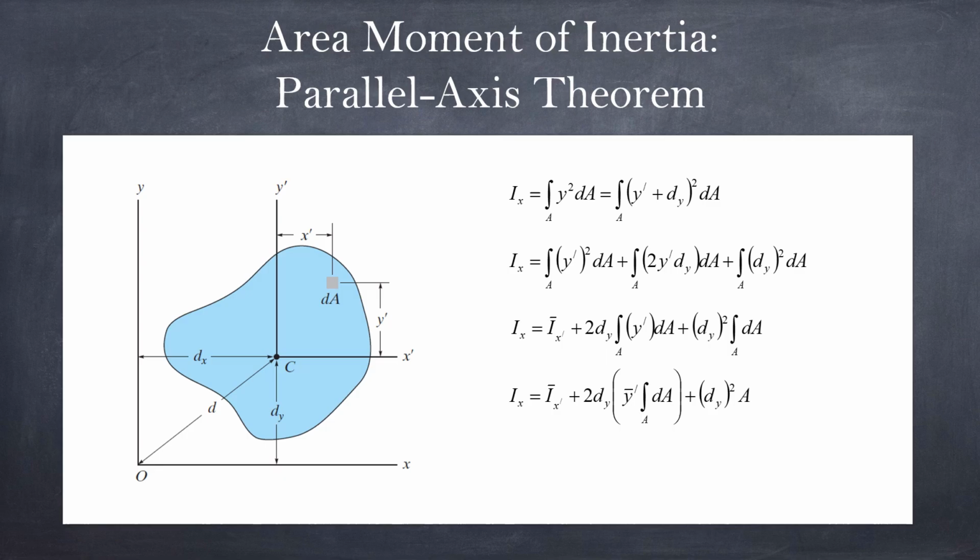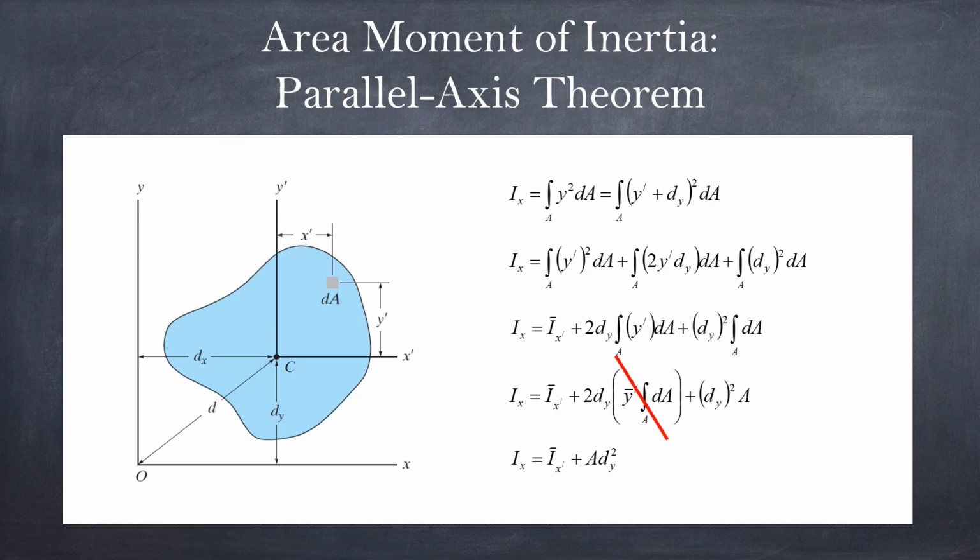Because y bar prime is the measurement of the position in comparison with the centroid, right? But this is the centroid itself, so y bar prime is at the same place, so y bar prime becomes 0. If y bar prime becomes 0, the middle term, which is connected by multiplication, will become 0 as well. So that one disappears, and of course, then we end up with this expression here, right?